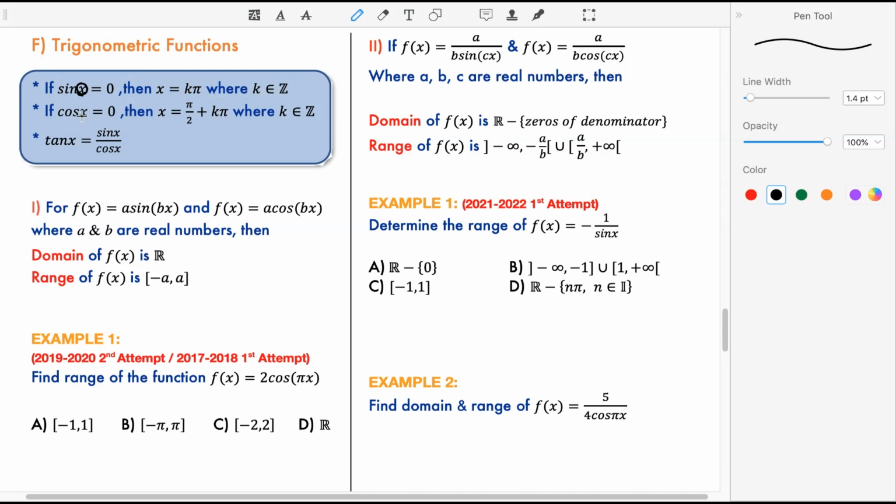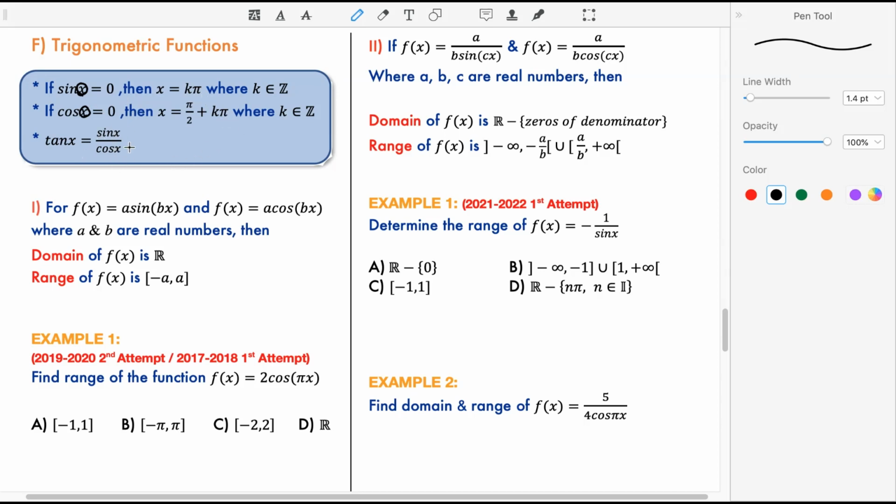For the cosine function, what are the x-intercepts? When you equalize it to 0, the angle can be any angle. It doesn't have to be x. It can be x plus something, x minus something, x multiplied by something. So by x, I mean the angle. So x will be pi over 2 plus k pi, where k is an integer.